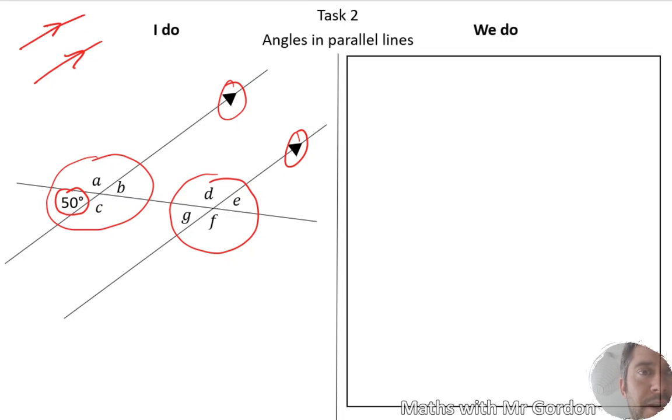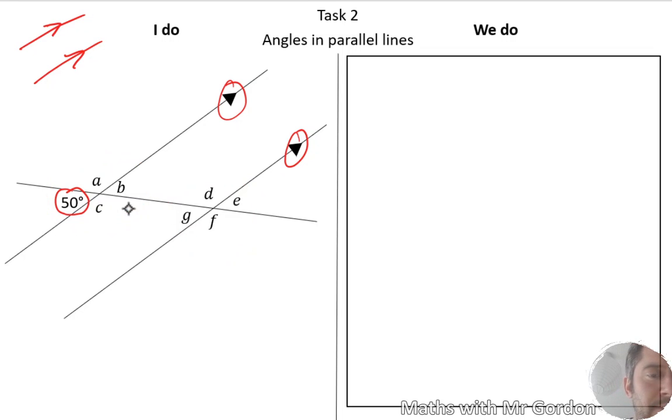I'm just going to rub out what I've just drawn there. That's going to make it a bit easier. Let's start with that 50 degrees here. What we notice is that this line here is a straight line. In fact, let's use a highlight. So we have this line here and it is straight.